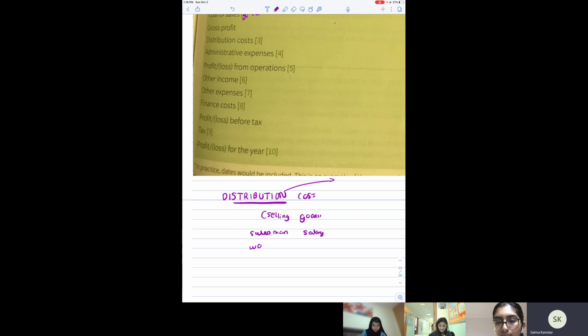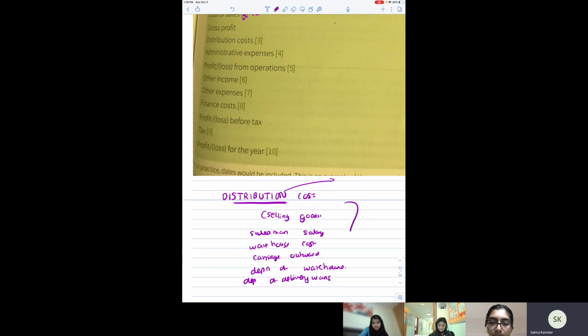It could also have your warehouse costs, carriage outward. Carriage outward is when you pay to deliver the goods out of your godown. It could have depreciation of your warehouses. It can also have depreciation of delivery vans.